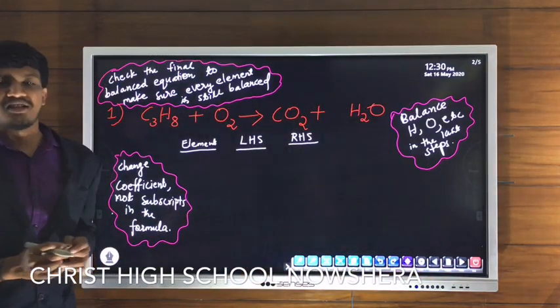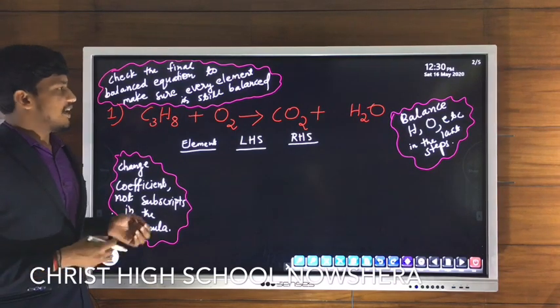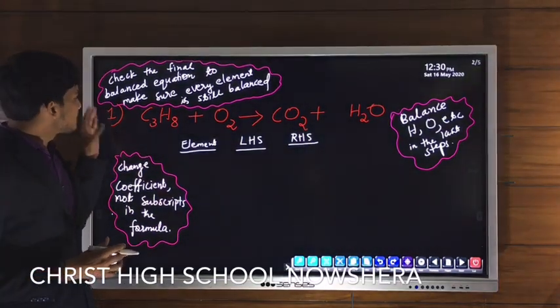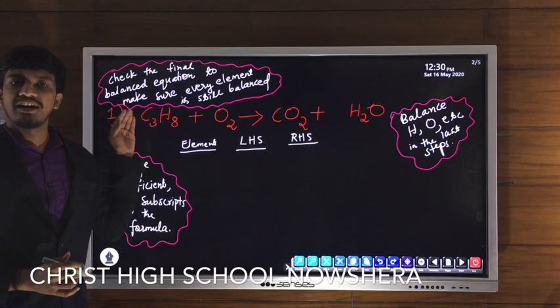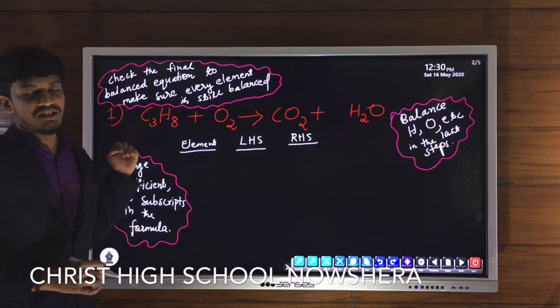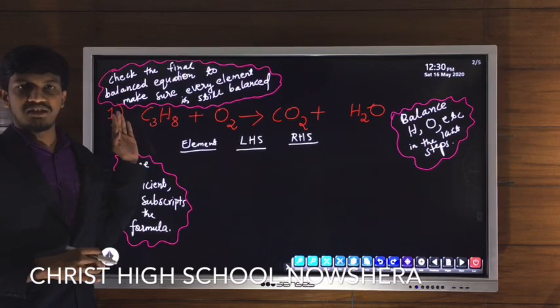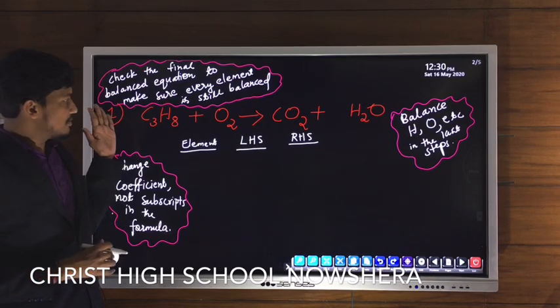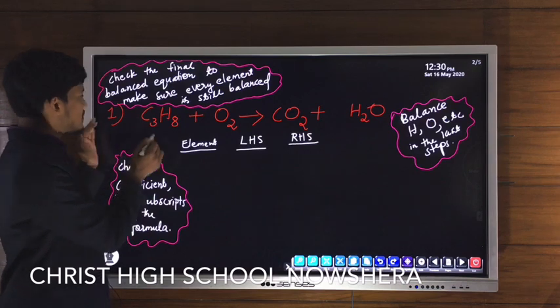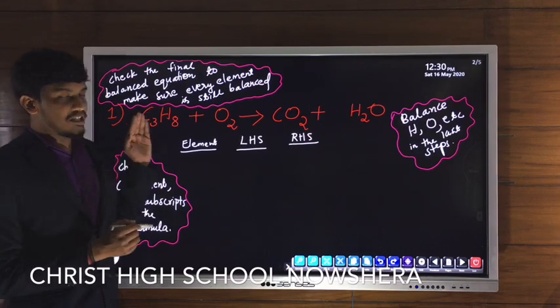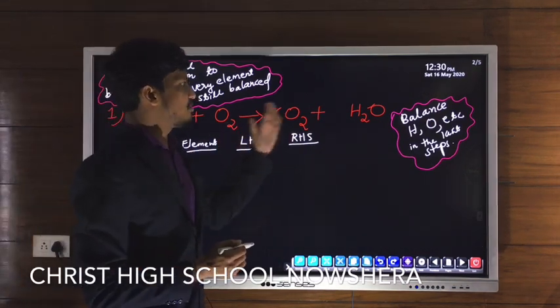So we will discuss some examples of balancing of chemical equation. That is, in the question we have an unbalanced or skeletal equation. Unbalanced or skeletal equation means there is no equal number of atoms on both the sides of the equation. Now the question is, this is the equation. We have C3H8 plus O2 gives CO2 plus H2O.